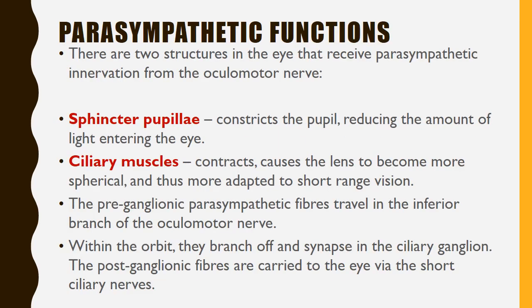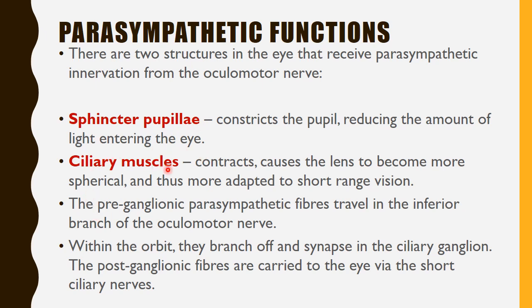The parasympathetic fibers, as we have discussed, run with the inferior branch of the main motor fibers, and they supply the sphincter pupillae muscle through the short ciliary nerves and the postganglionic fibers of the ciliary ganglion, which constricts the pupil, reducing the amount of light entering the eye.